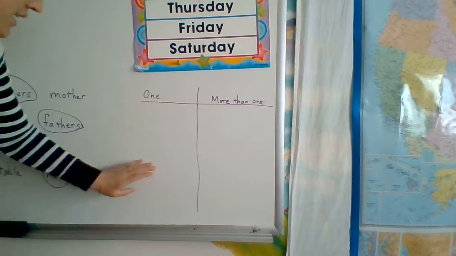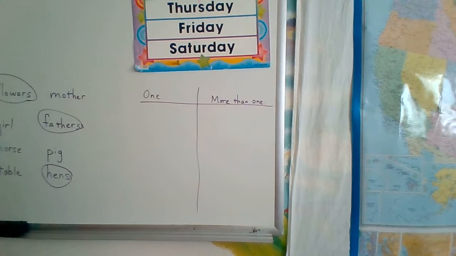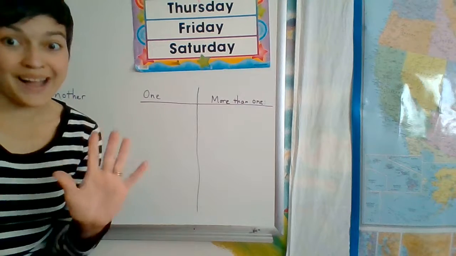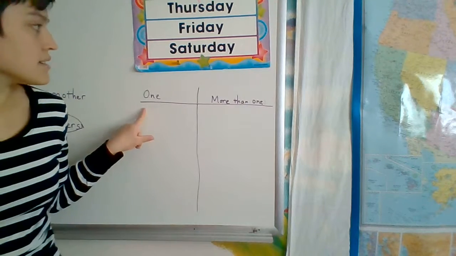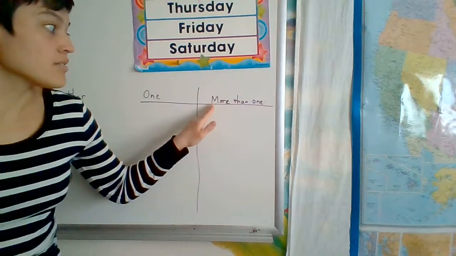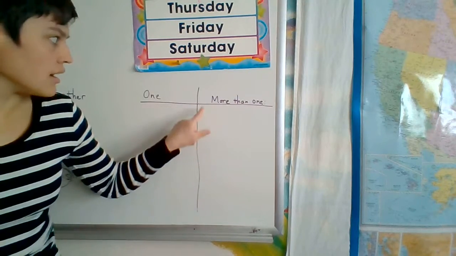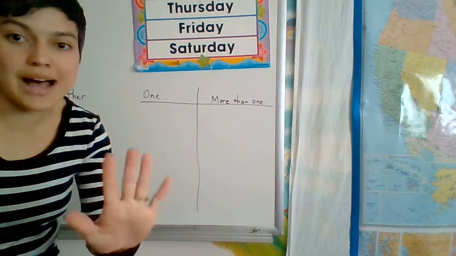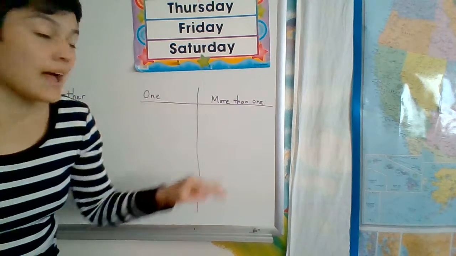And on one side, I want you to write 5 naming words that only name one thing. On the right side of your chart, under more than one, I want you to list 5 nouns that name more than one thing.